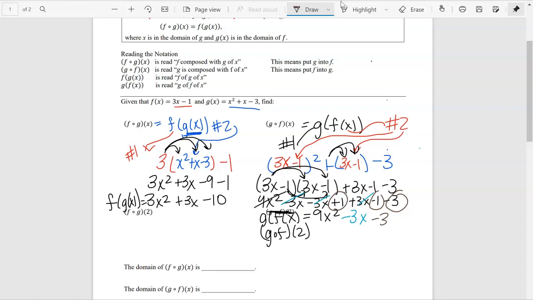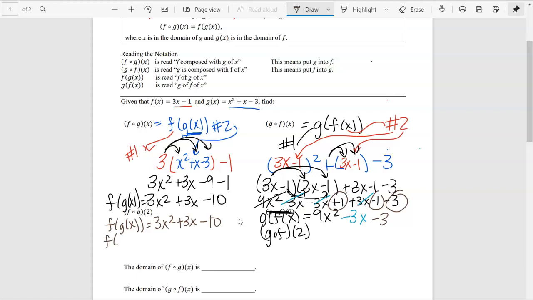Now, both of those problems you're going to have to know how to do. You can't plug those in the calculator. However, for this next part, we could use the calculator. We know that f of g of x is equal to 3x squared plus 3x minus 10, because we just found it in the problem above.